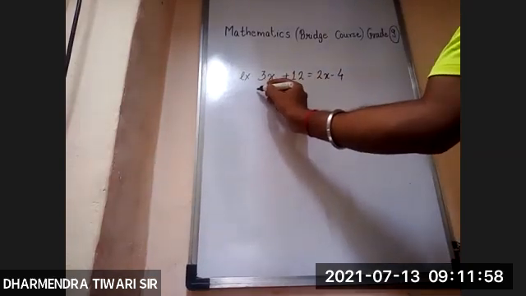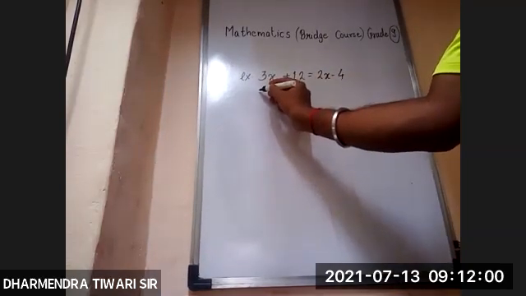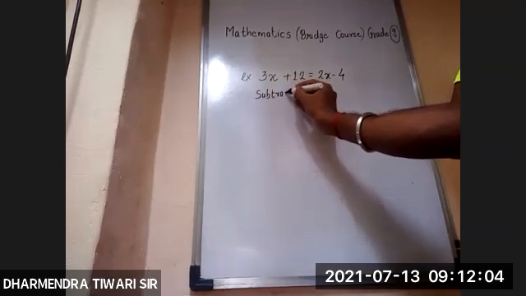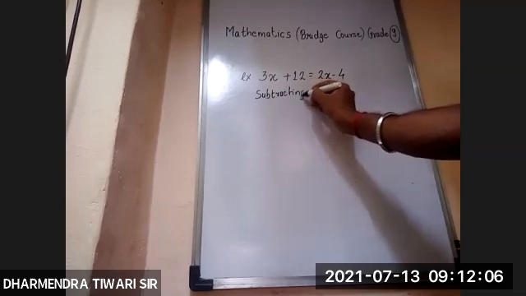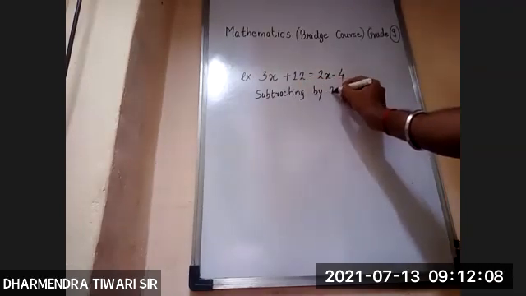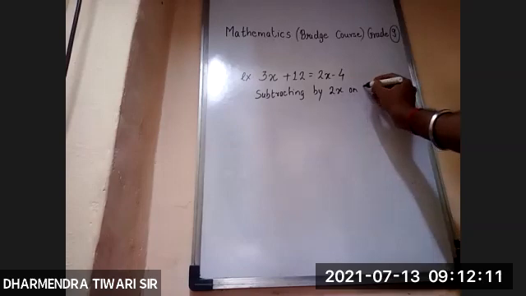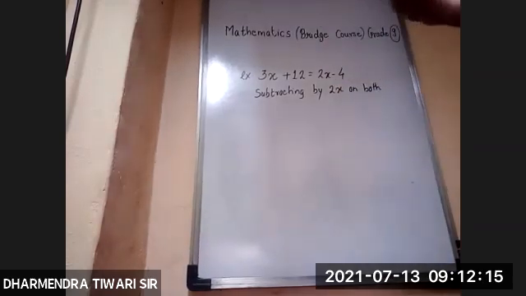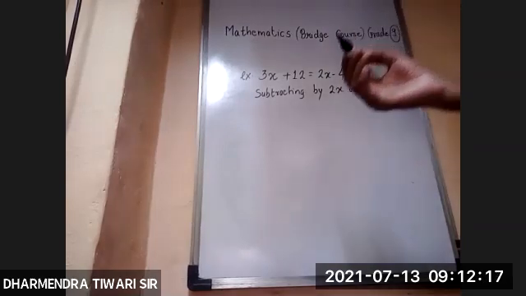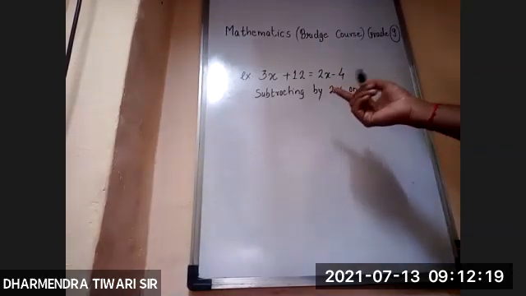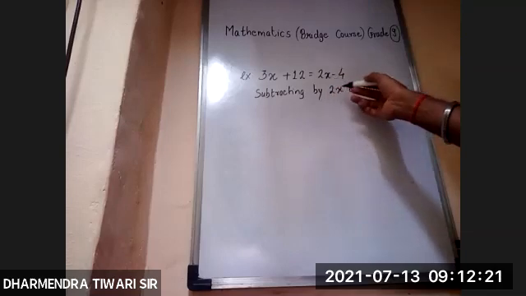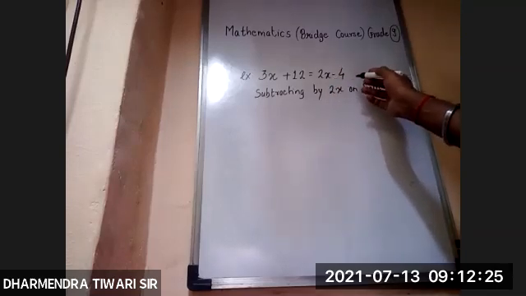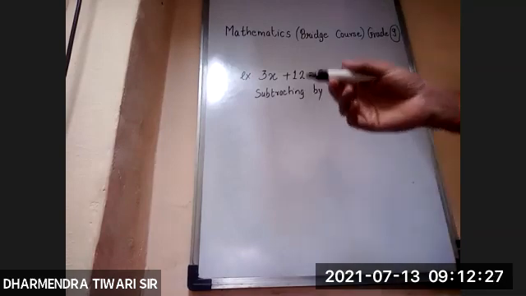So subtracting by 2x on both sides. This will bring variable terms together. And after this, we can take subtracting by 2x and adding by 4 or 12.